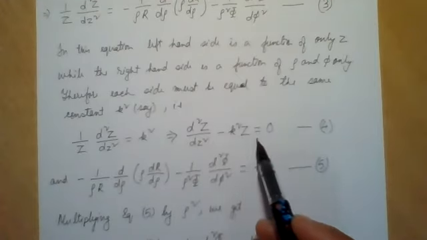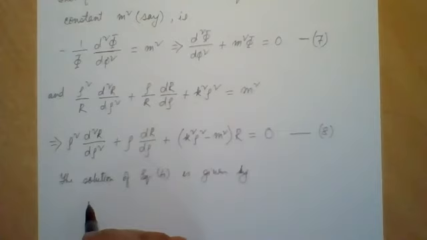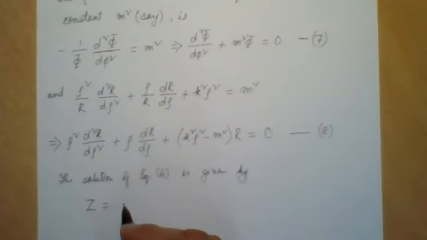The solution of equation 4 is given by capital Z is equal to c1 e to the power kz plus c2 e to the power minus kz. Let us call this equation number 9.